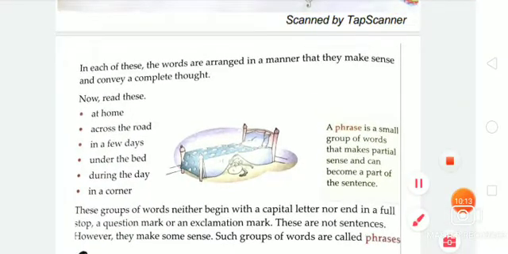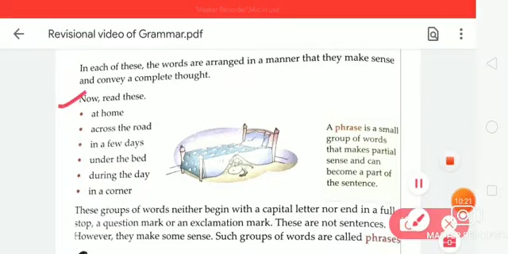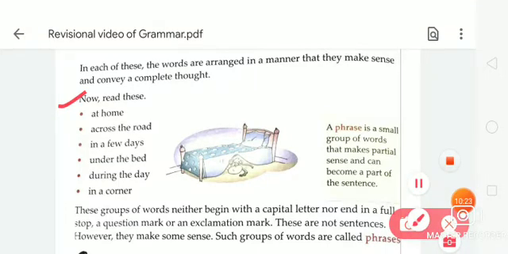Firstly we will learn what a phrase is and its examples, and after that we will identify the difference between sentence and phrase. Now read this: at home, across the road, in a few days, under the bed, during the day, in a corner.